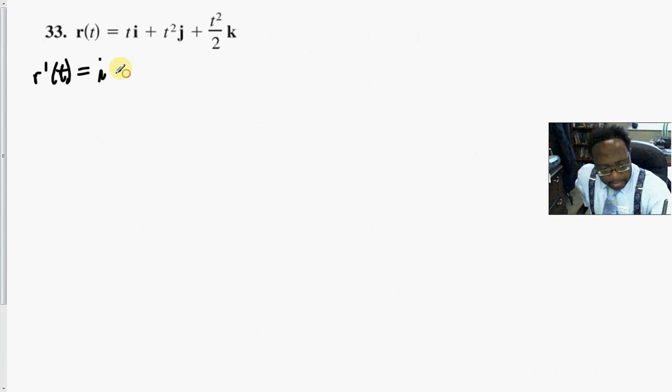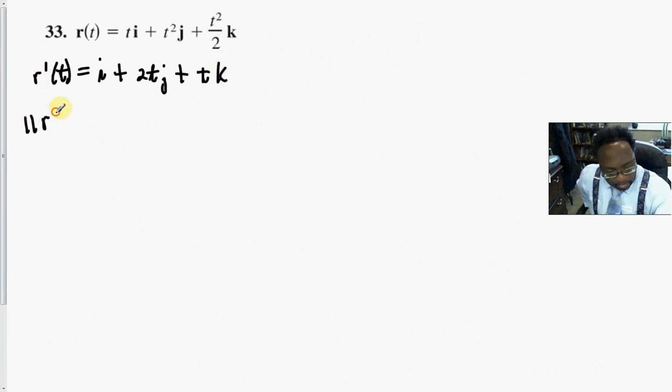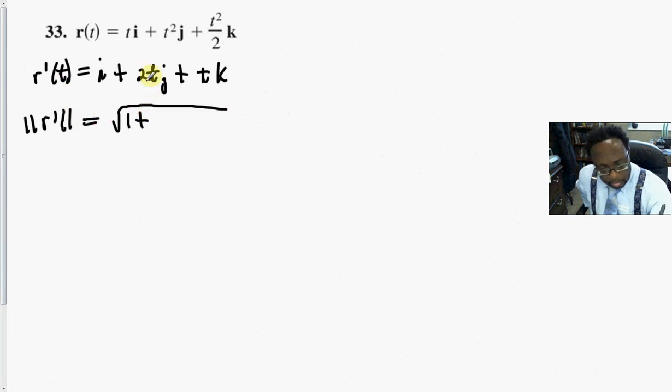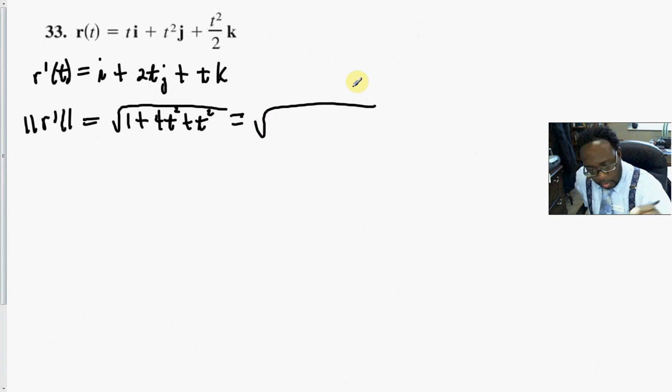This is i plus 2t j plus 2t divided by 2, which is just t times k. The norm of r prime is the square root of 1 plus 4t squared plus t squared. So that gives us the square root of 1 plus 5t squared.